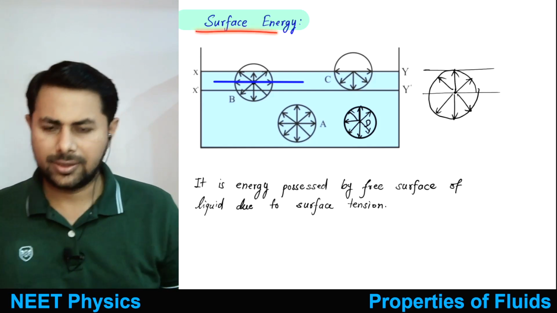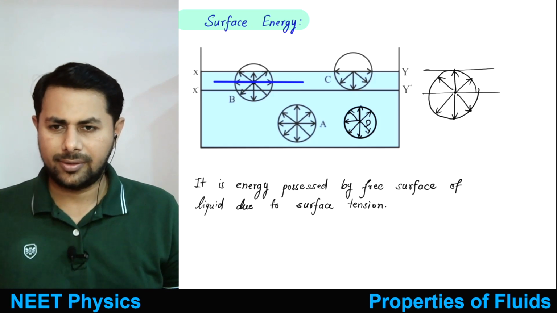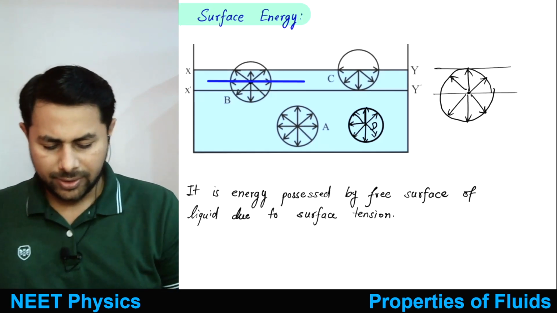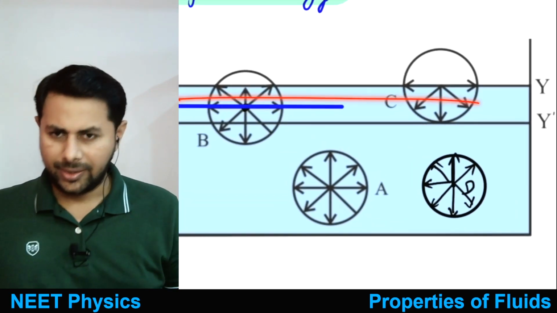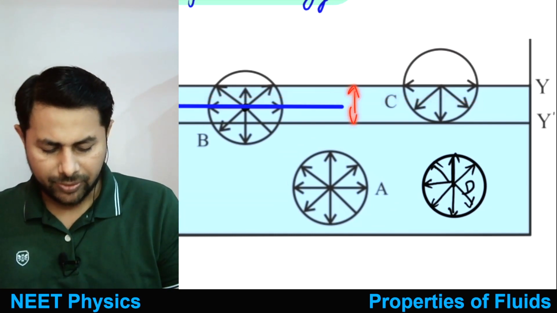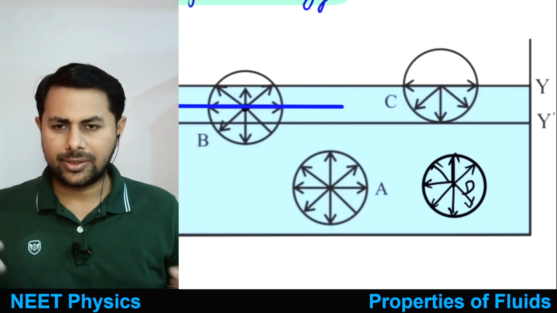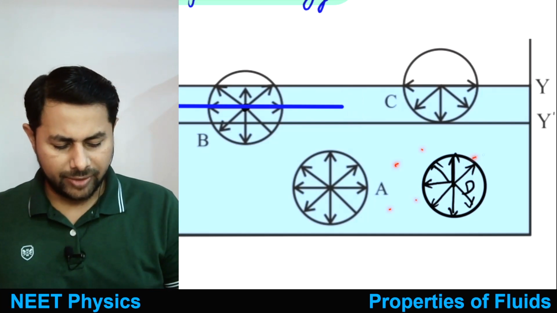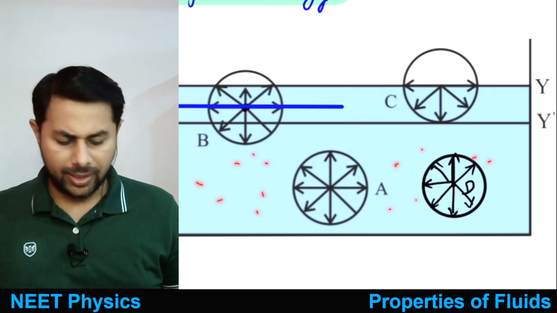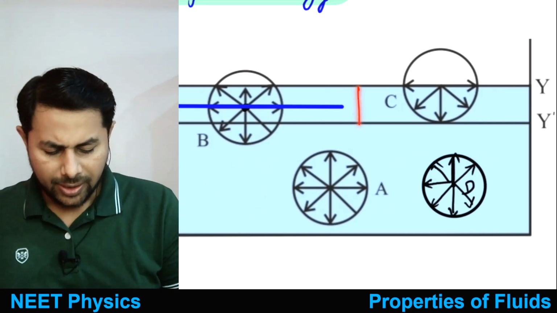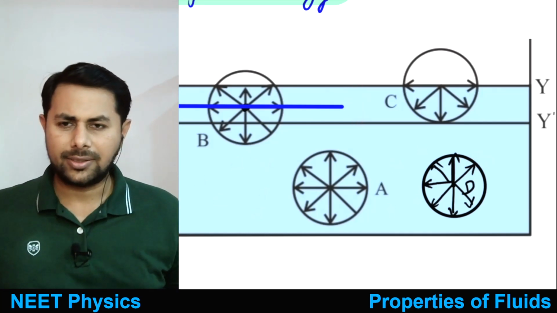This is known as surface energy. So molecules at the top layer, having thickness equal to the range of molecular attraction, will have some extra energy compared to molecules in the interior of the liquid. This excess energy is known as surface energy.